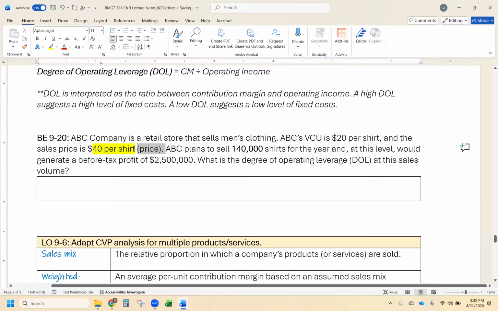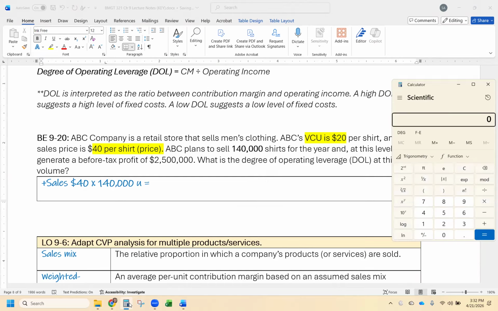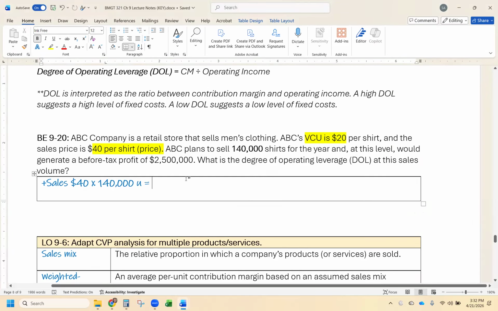And then we have our VCU for this shirt is also $20. So sales are 40 for each one. And we're going to times that by 140,000 units to get our total sales. So 5.6 million.